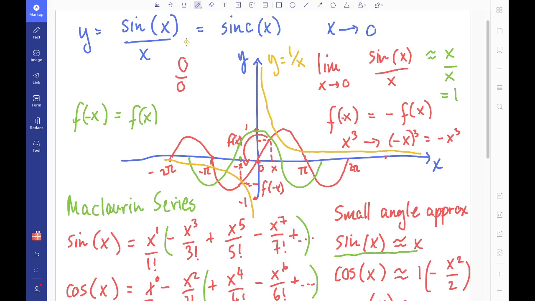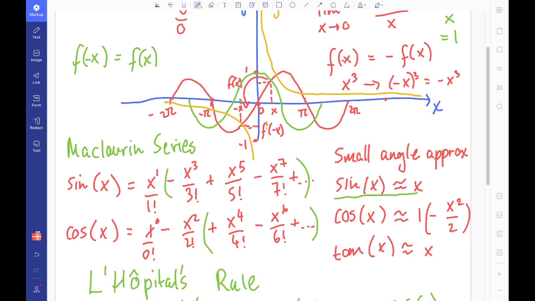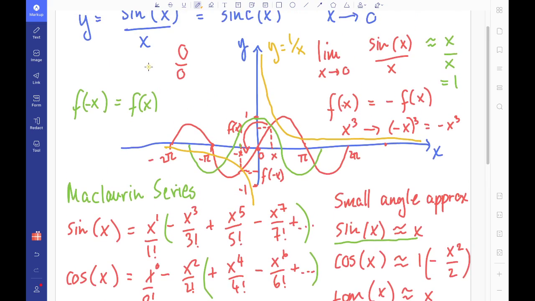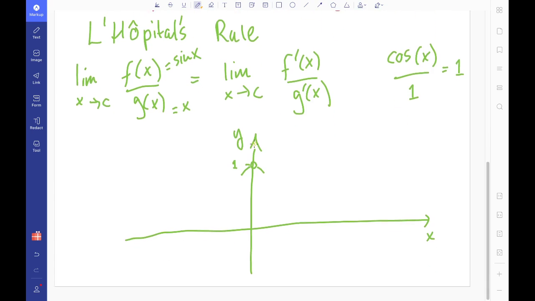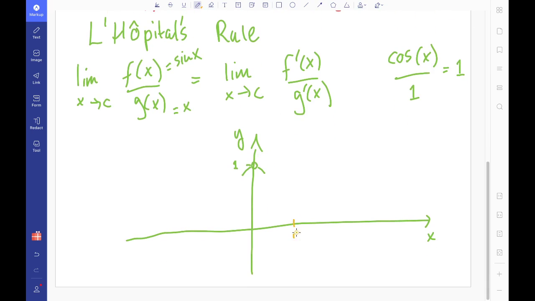So we've got 0 over pi, which we can evaluate to 0. And that's true for any whole number multiple of pi. We could mark that on our diagram: here's pi, here's 2 pi, maybe up to 3 pi. All of those points are going to be 0. And the same here, negative pi, 2 pi, and 3 pi.